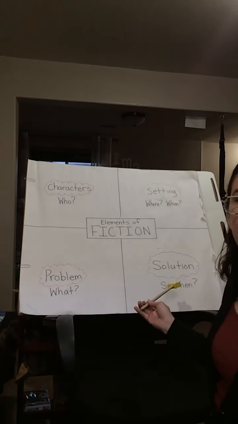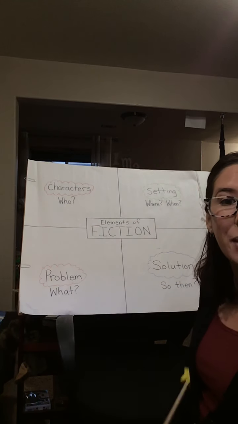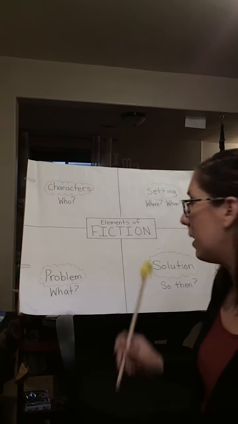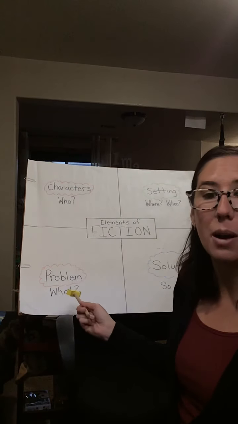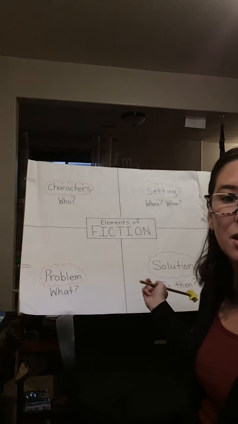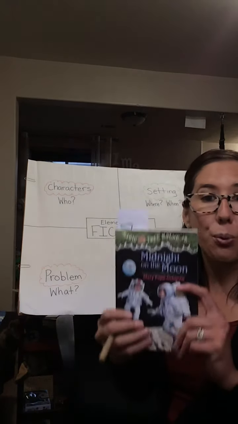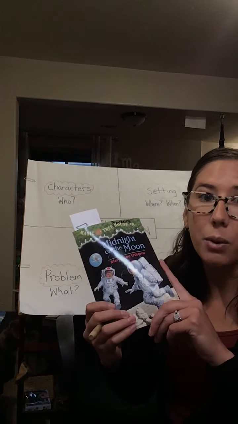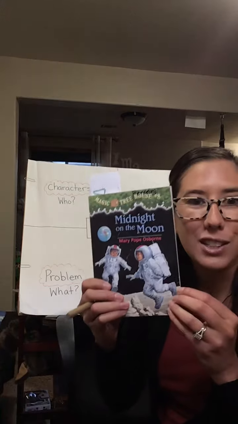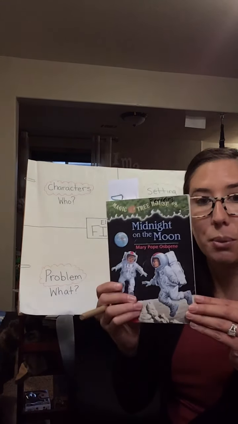The fourth event should be when they find a solution. A solution is a different way of saying solve the problem. So what do they do to solve their problem? I think we already know that they're going to find the M thing, and that would solve their problem.